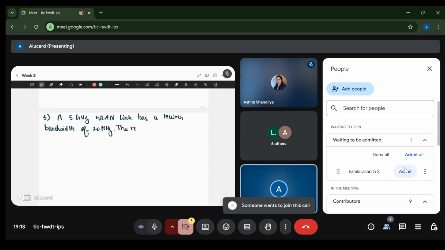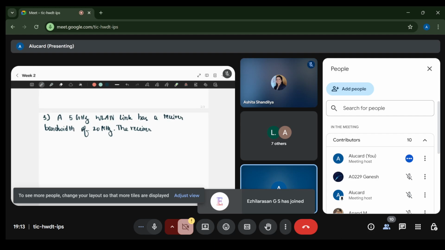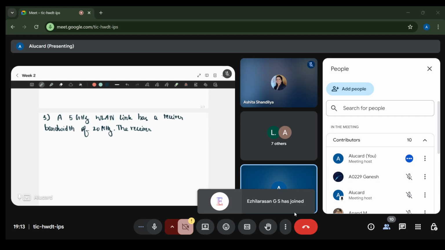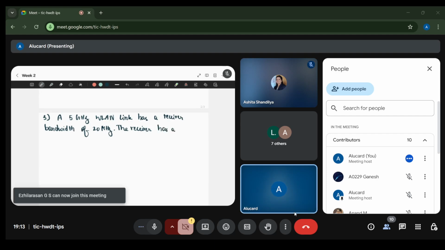The receiver has a noise figure of 6 dB.